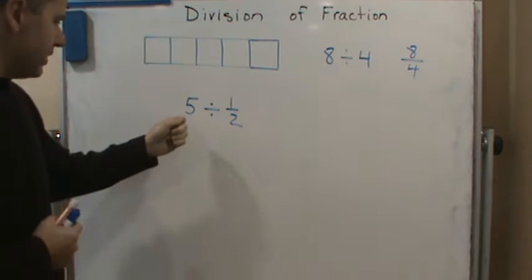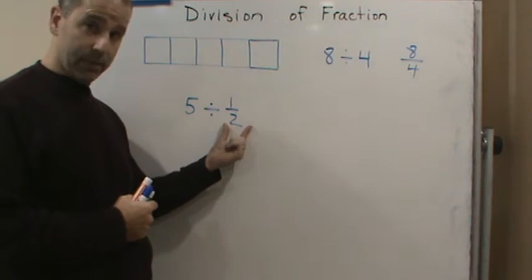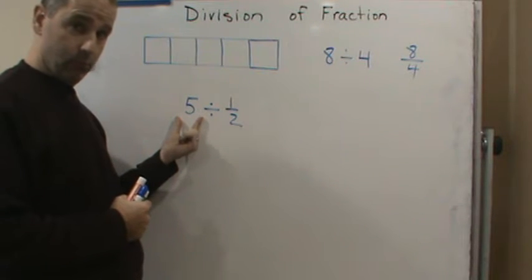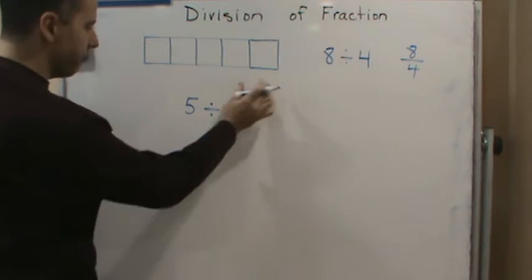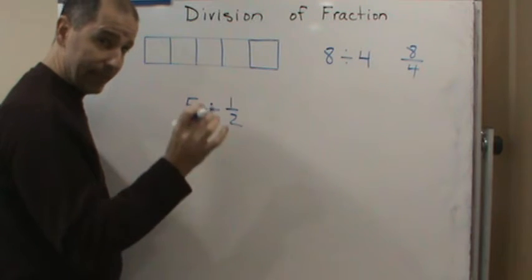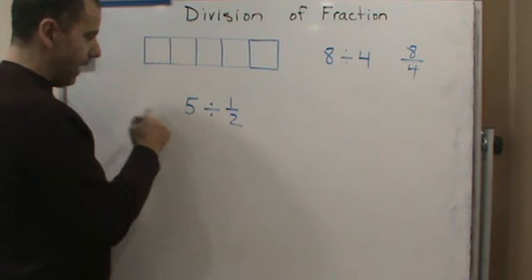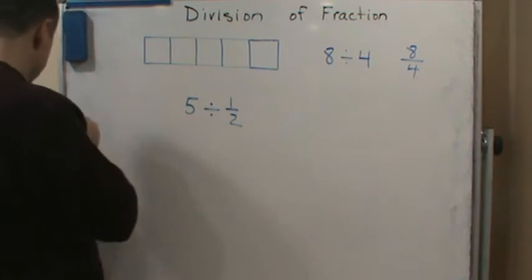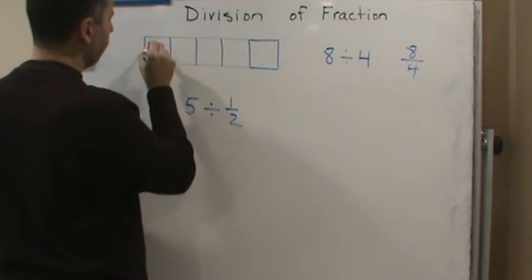If I look at 5 divided by 1/2, what I'm asking is, how many halves can I get out of 5? How many groups that contain 1/2 can I get from 5? Let's divide into halves.